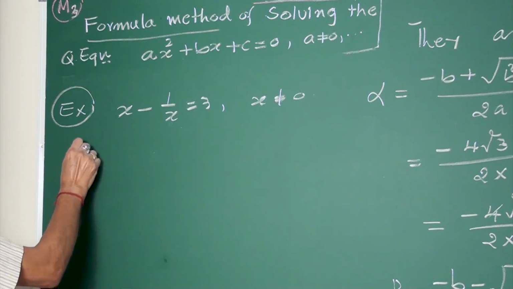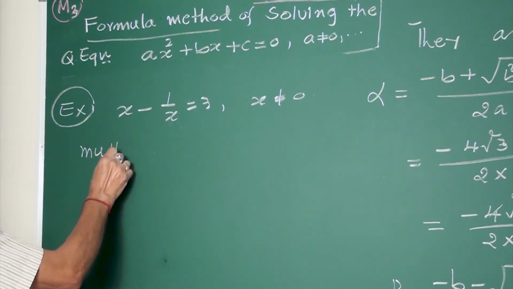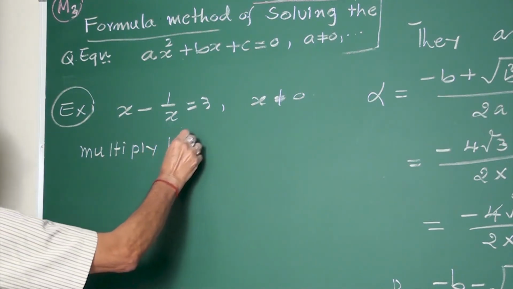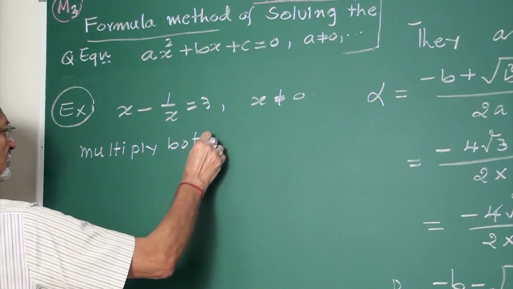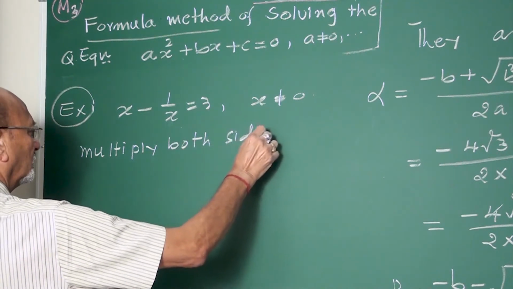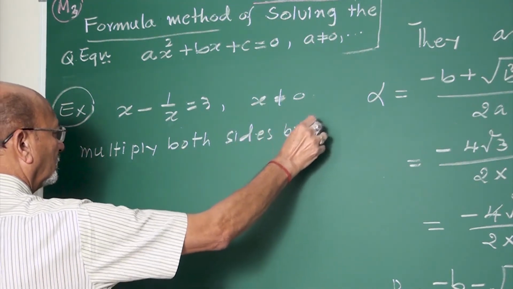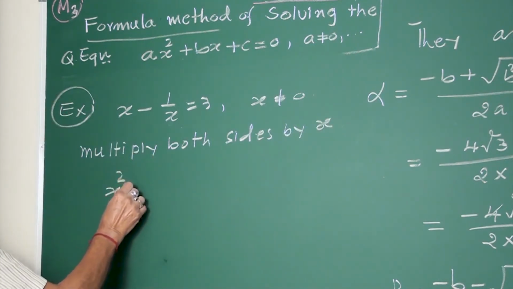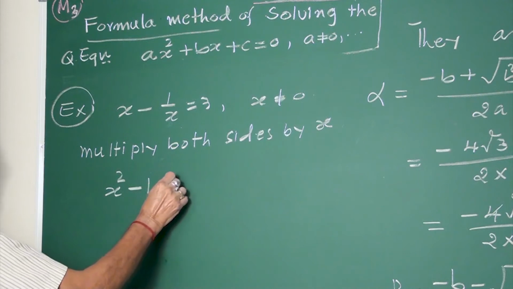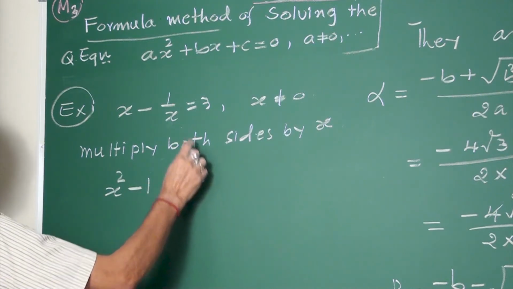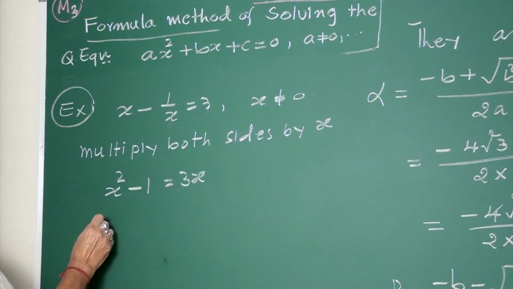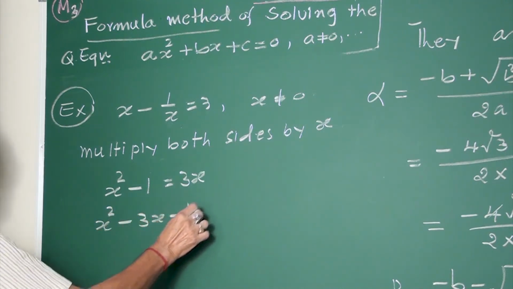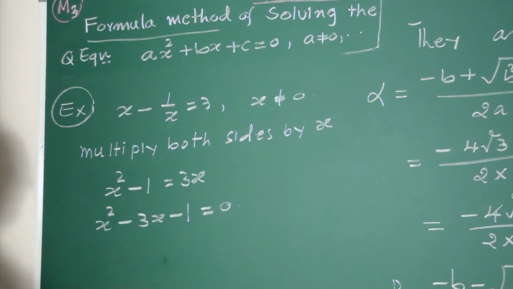Multiply both sides by x. x into x minus 1, x cancels, equal to 3x. Bring this side: x square minus 3x minus 1 equal to 0.